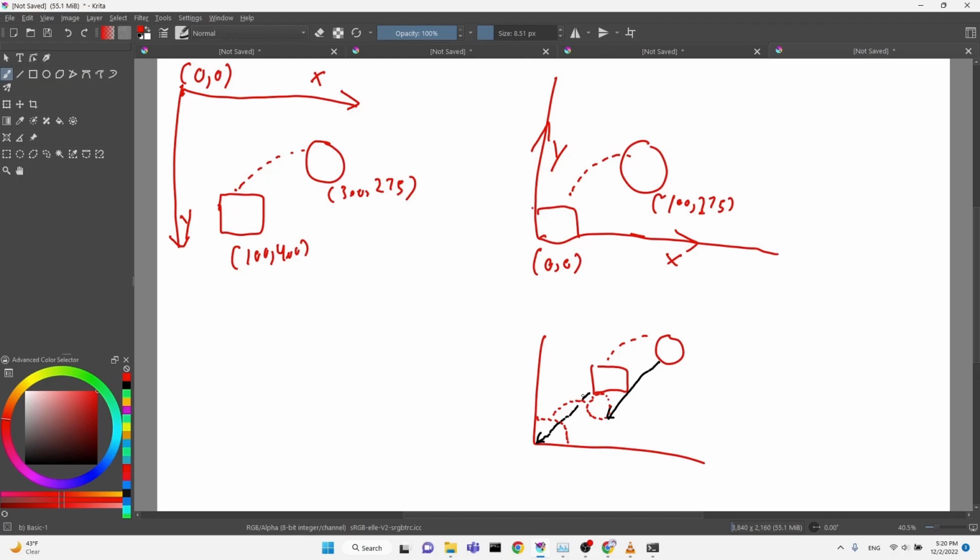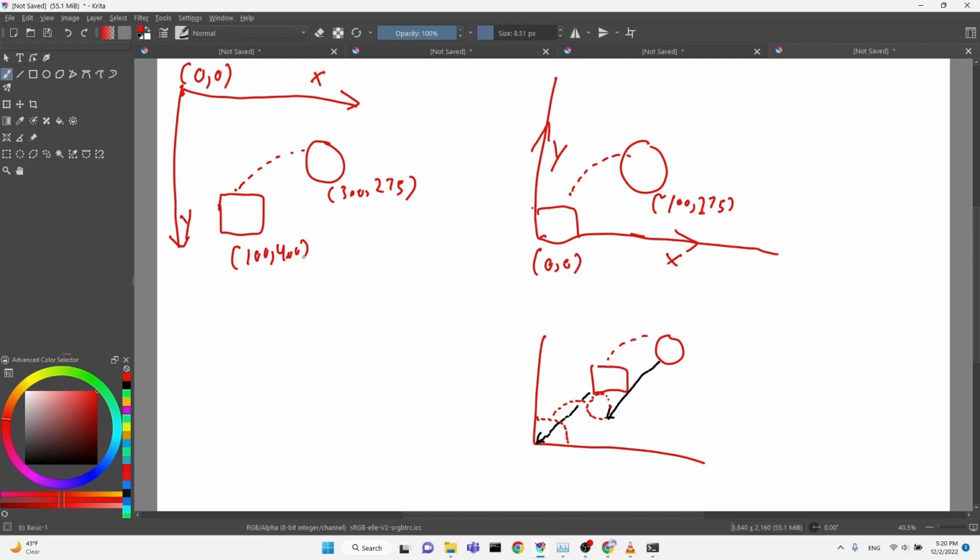So basically, we have to offset. Now, going back to the original problem we had, we need to find a way to offset for Pygame because it's obviously going to be different, right?